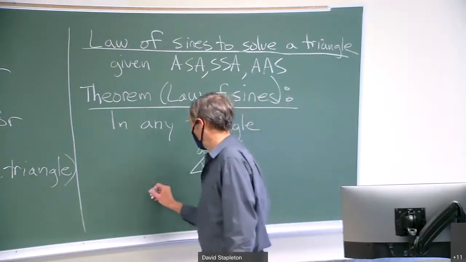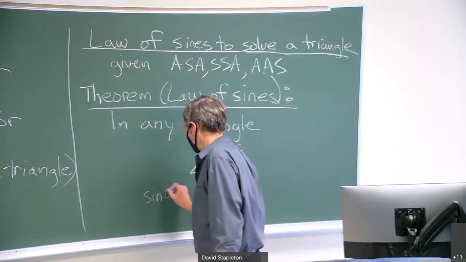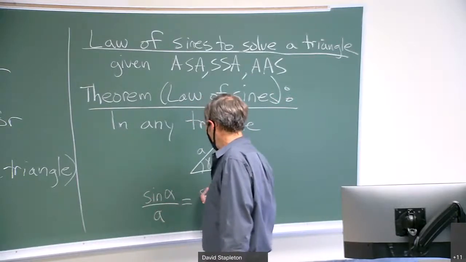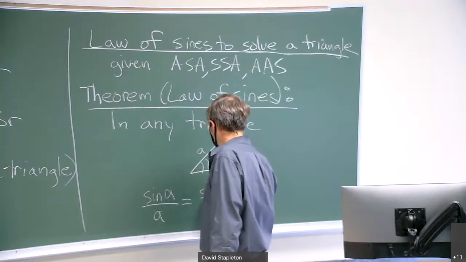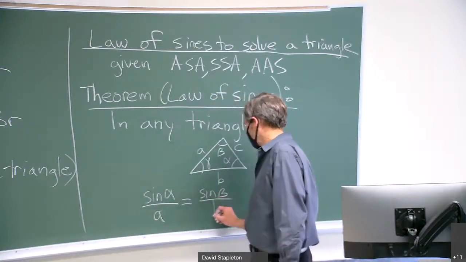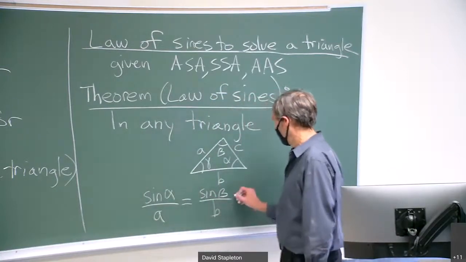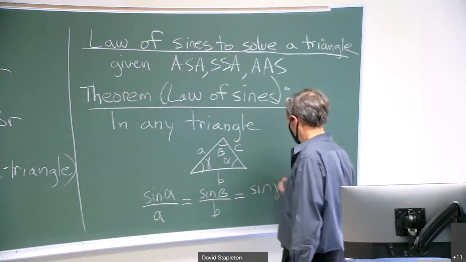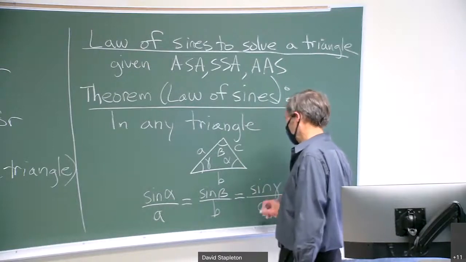Labeled that way, the sine of alpha, first letter of the Greek alphabet, is to A, and the sine of beta, second letter, is to B, the second letter of the English alphabet, and the sine of gamma, not the third letter, but it's what we use anyway, is to C.